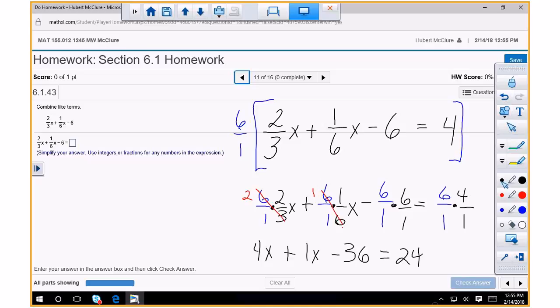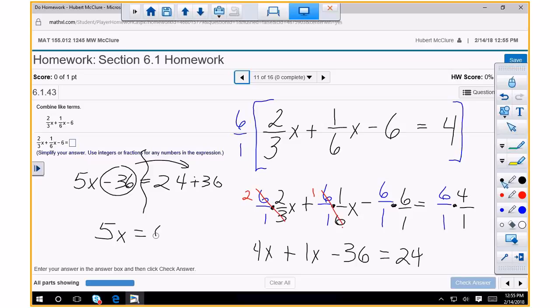What's 4x plus 1x? Now what am I going to do with that negative 36? Take it across the river. 5x is equal to 60. X is equal to 12.